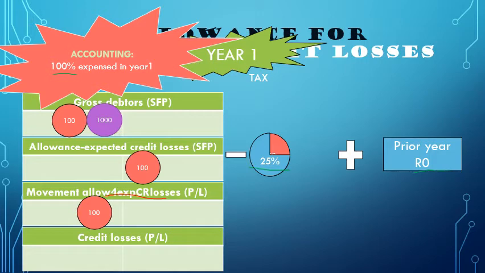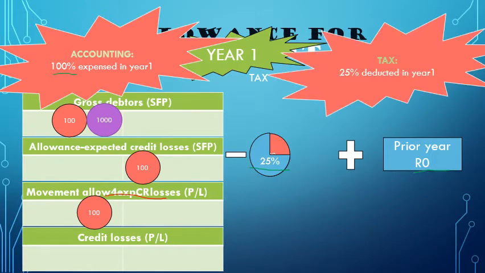Now in this case, our prior year allowance was 0, so there were no deductions in the prior year. So effectively for tax purposes, we are deducting 25% of our expected credit losses in year 1.